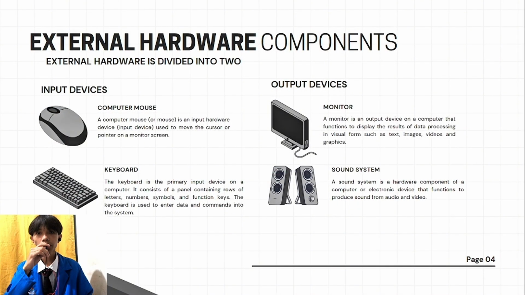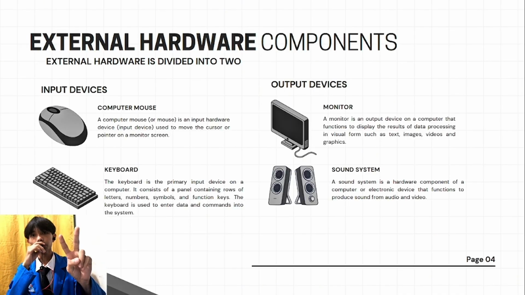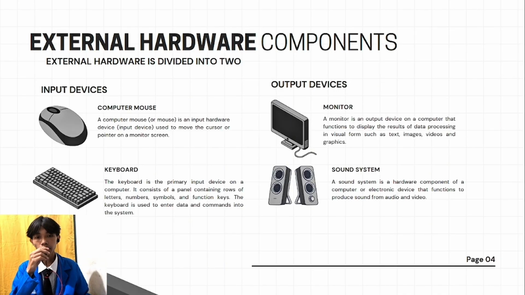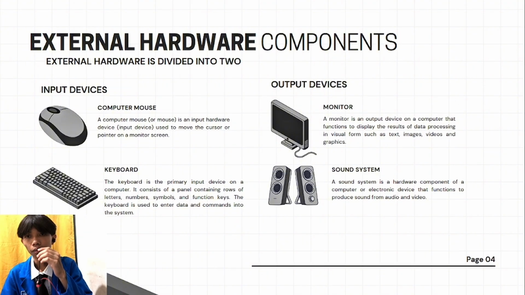External hardware components. External hardware is divided into two: input device and output device. Examples of input devices are a mouse and keyboard, and examples of output devices are a monitor and sound system. Computer mouse.